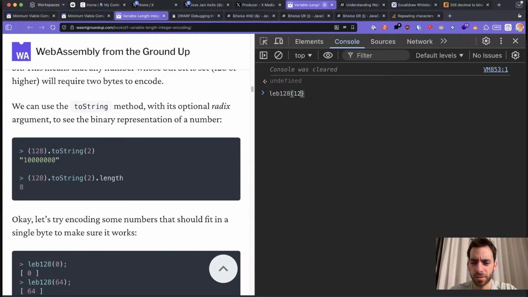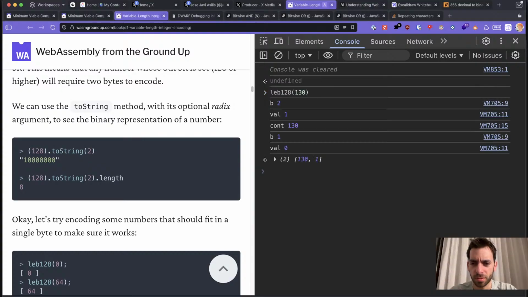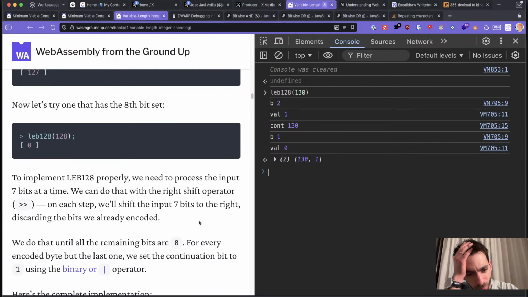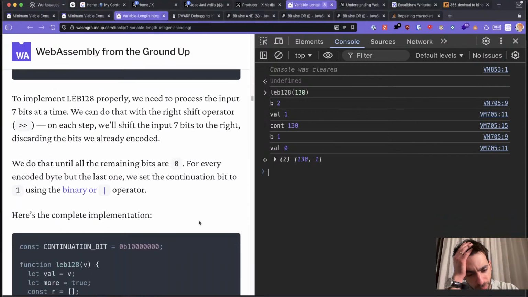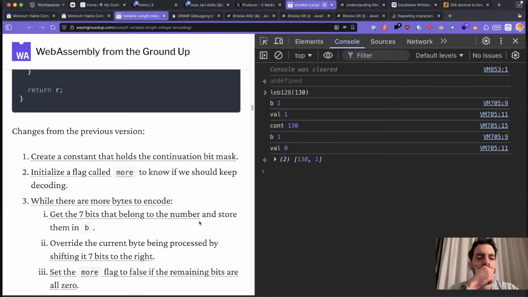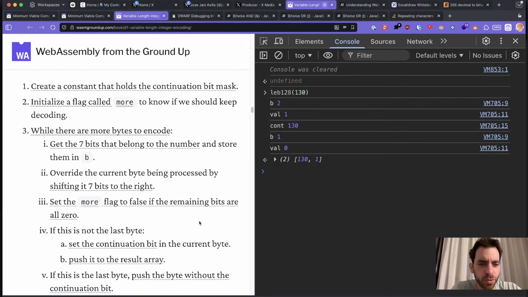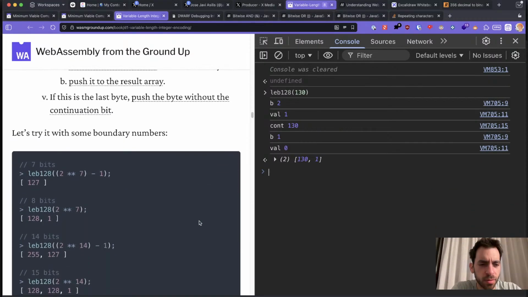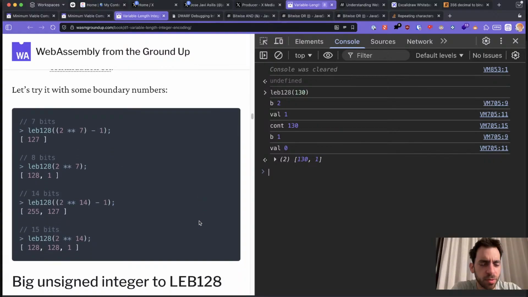Okay, I'm not getting this. It returns to me 130 and 1. Huh. Or is it? Create a constant that holds a continuation bit mask. Initialize a flag called more to know if we should keep the encoding. 8 bits. 14 bits.